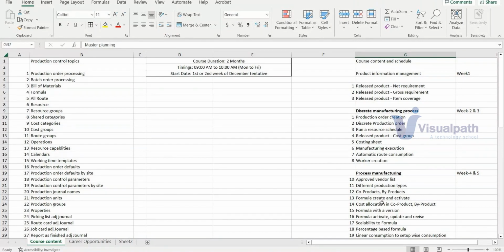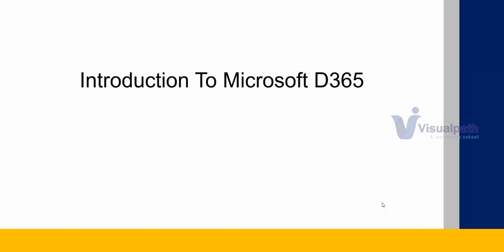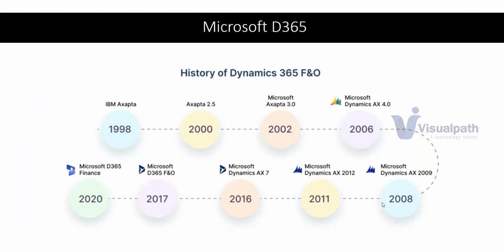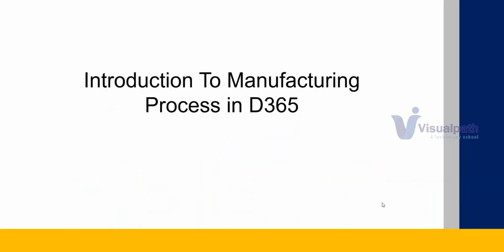All right, so jumping on to the session, just wanted to give you an introduction. Hope most of you are from the D365 background, so you must be aware of this. This is just a history of D365. I thought we would have freshers, so we should introduce them with this slide. Just to again give you a brief on manufacturing.